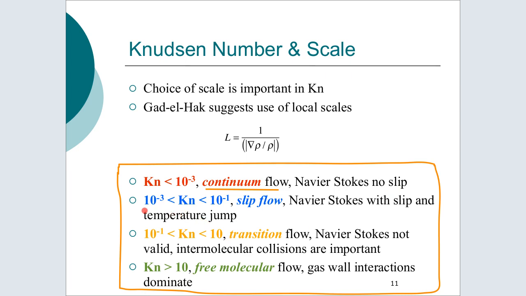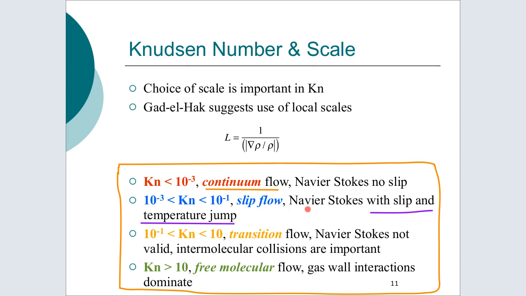When your Knudsen number ranges from about 10 to the minus 3 up to about 0.1, now the molecular effects start to kick in, but they kick in in the wall region. So that's where they become manifest, and you don't really see them anywhere else. So we have the Navier-Stokes with slip and temperature jump if you're dealing with heat transfer stuff.